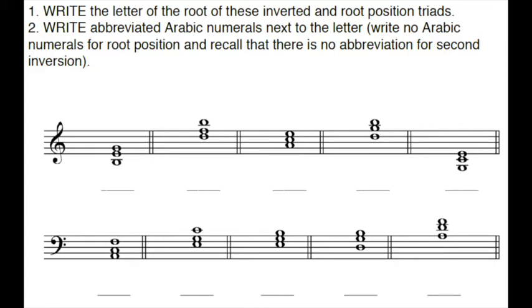It's not first inversion because the third is not at the bottom. It's second inversion because the fifth is at the bottom. Another way of counting that is to go from B to E is 4, from E to G is 4, 5, 6, so there is your 6, 4. So the answer would be a capital E, 6, 4.